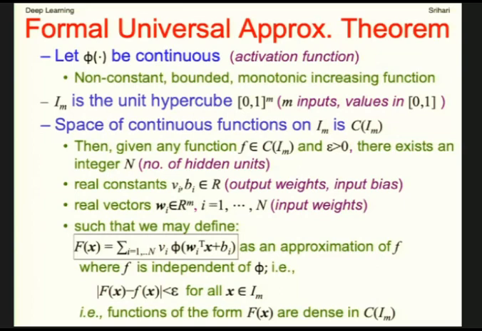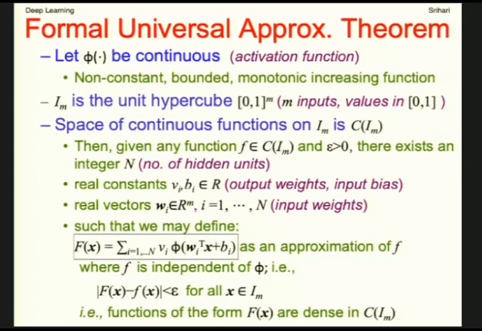And the space of continuous functions on I_m is C(I_m). So it's a function where the input is mapped to something. Then given any function f that belongs to this, so any function that takes this black and white image, I suppose 1 and 0 is a black and white image. It's trying to say that the black and white image is of Mahatma Gandhi or whatever, right? A famous person.